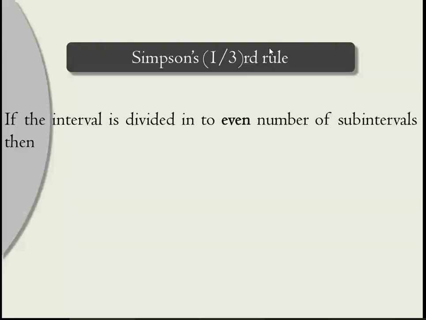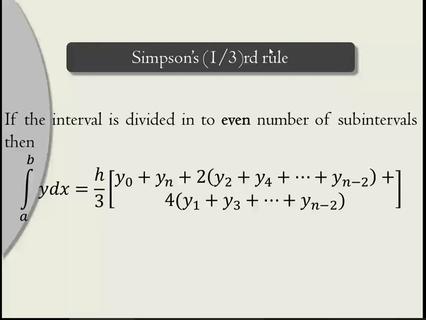If the interval is divided into an even number of subintervals, that is, n must be even, then the integral from a to b of y dx is equal to h by 3 into y0 plus yn plus 2 times the addition of all even terms of y, that is y2, y4 up to yn minus 2, plus 4 times all odd values of y, that is y1 plus y3 plus dot dot dot yn minus 1. So for Simpson's 1/3 rule there is one condition: the number of subintervals must be even, n must be even.